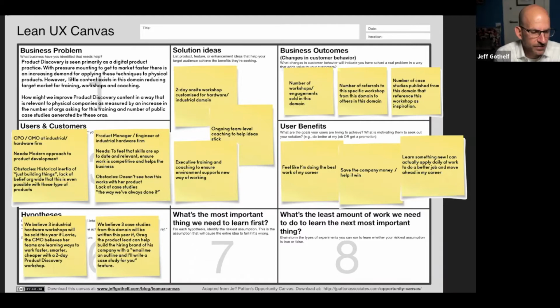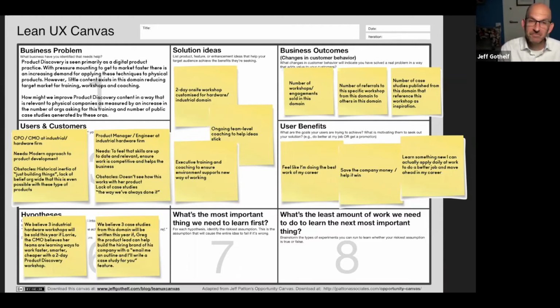That's my hypothesis. Or I believe 3 case studies for this domain will be written this year if Greg, the product lead, can help build the hiring brand of his company with a "mail me an outline and I'll write the case study for you" feature, right? So the service is, I'll do the writing, you just send me the outline, you approve it, and we publish it together to make it easier for them to do it.